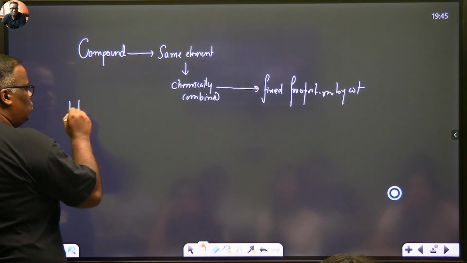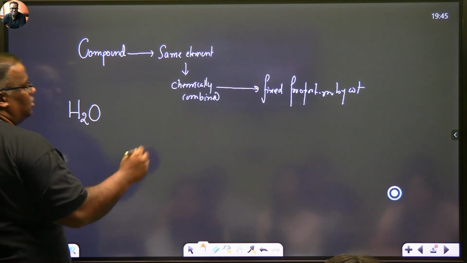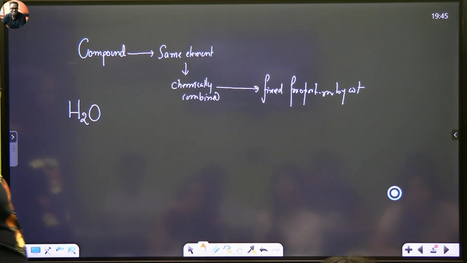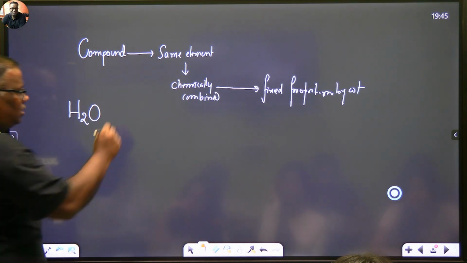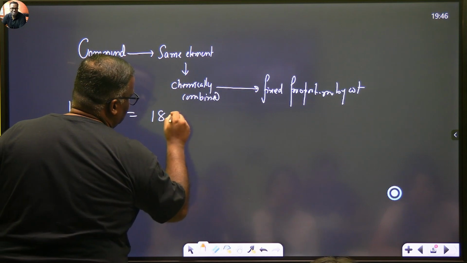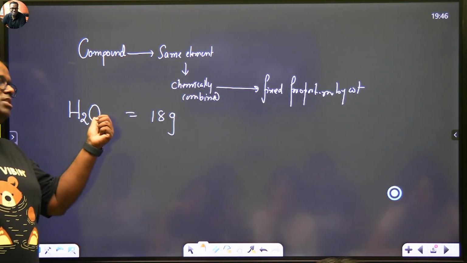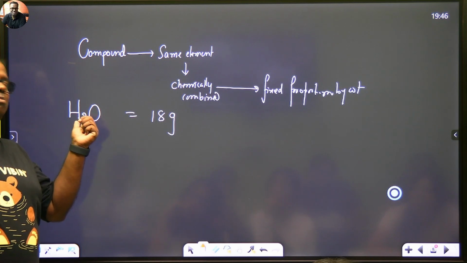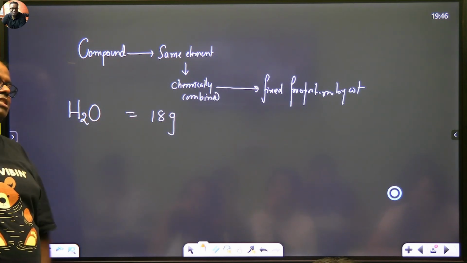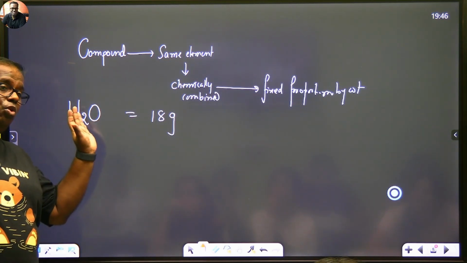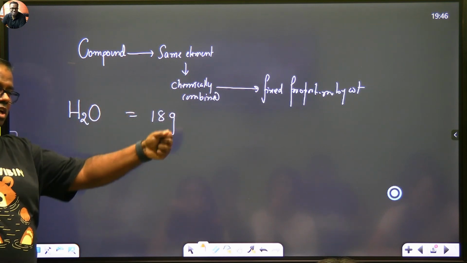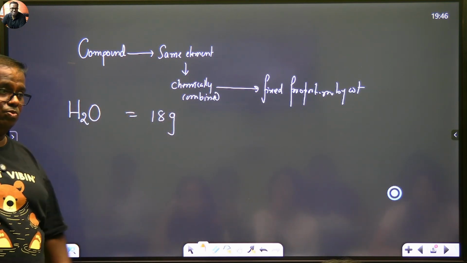Let's take H2O. Now see how atomic mass will help you. What is the molar mass of water? 18 grams. Sir, how are you finding out so quickly? Oxygen's molar mass is 16. Hydrogen's molar mass is 2. 2 plus 16 is 18, which means 1 mole of water will weigh how much? 18 grams.